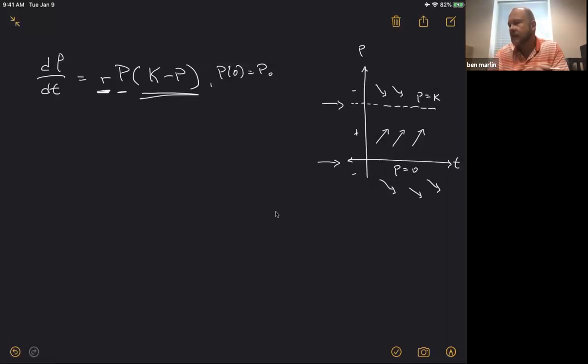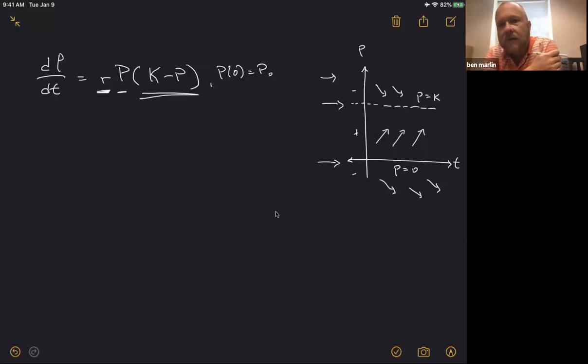But if you choose an initial value that is larger than your K value, your carrying capacity, then R and P need to be positive, but K minus P will end up being negative. And that means that you're going to have negative growth, which means it gets smaller. It goes toward that value of K.